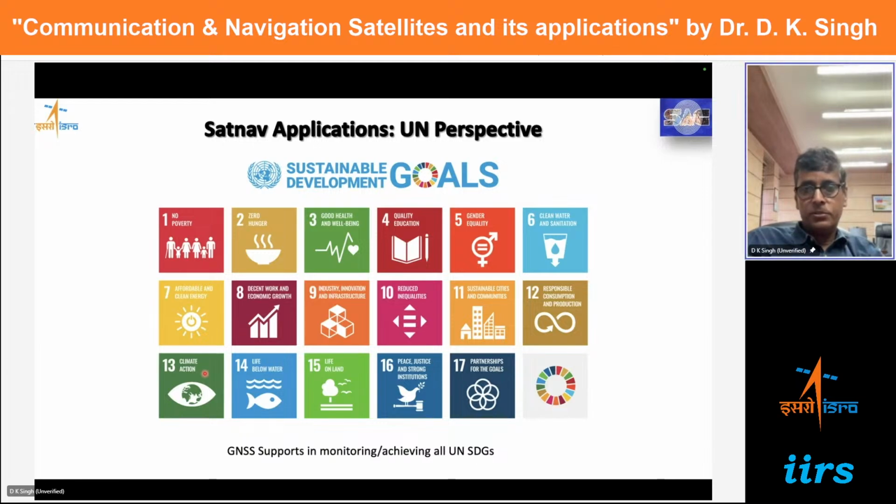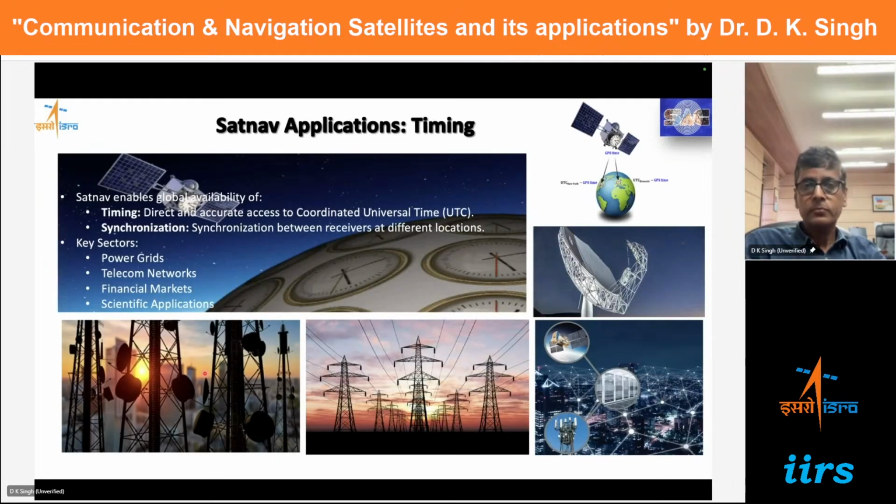You will be surprised to know that SatNav applications touch the sustainable development goals set by the UN, 17 goals, and most of the goals are touched by navigation also. So satellite navigation is also one of the means to attain those sustainable development goals.